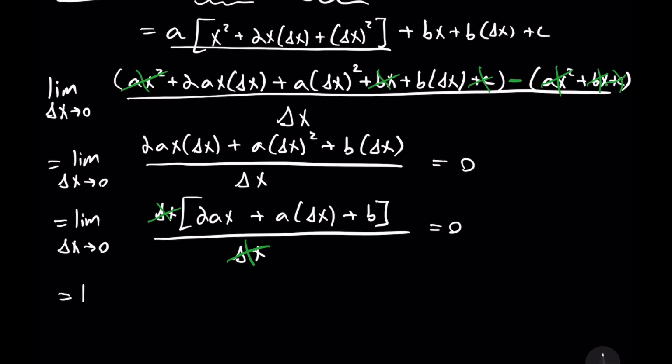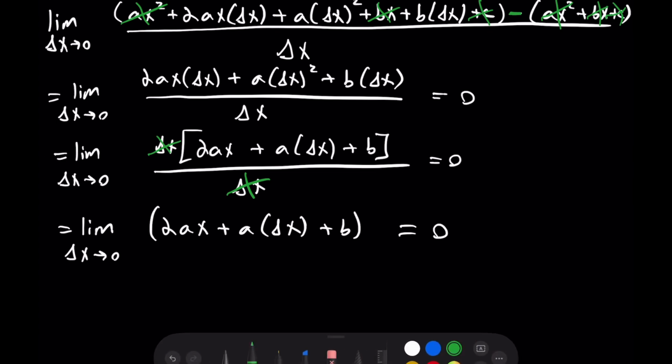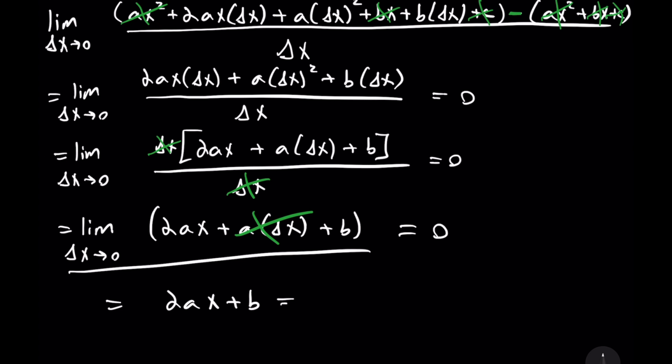So now we have the limit as delta x approaches 0 of 2ax plus a delta x plus b, which is supposed to equal 0. We can easily substitute a 0 for the delta x here without running into any undefined or indeterminate answers. So delta x is going to 0. This just drops out. So now we get 2ax plus b for this here, and that's equal to 0.